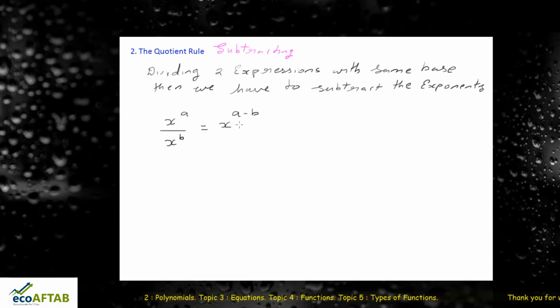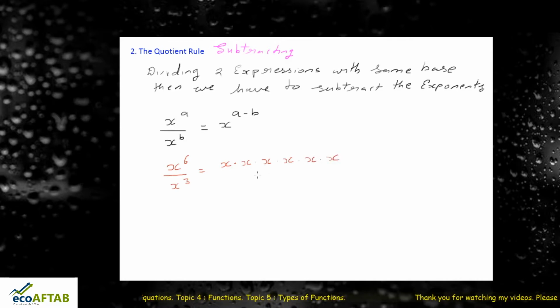To take a simple example, if I say x raised to 6 divided by x raised to 3. Normally if you want to simplify it, x is multiplied by itself 6 times: 1, 2, 3, 4, 5, 6.